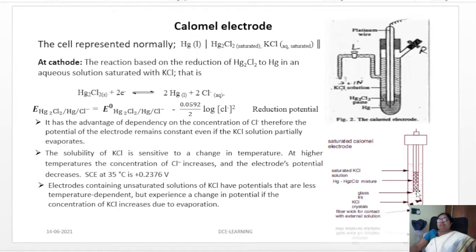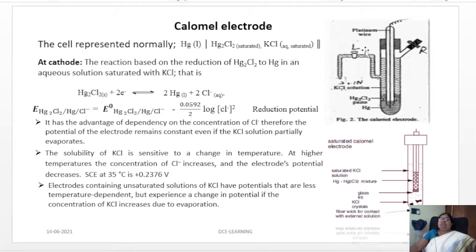There will be a hole in between to connect the inner and outer cell, and a glass which will connect the inner and outer solutions of the cell. This salt bridge is what we use to remove or nullify the liquid junction potential.